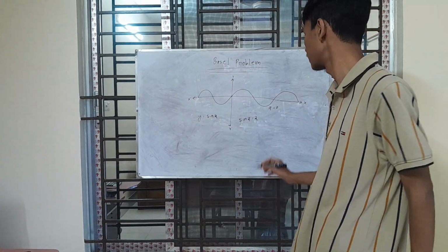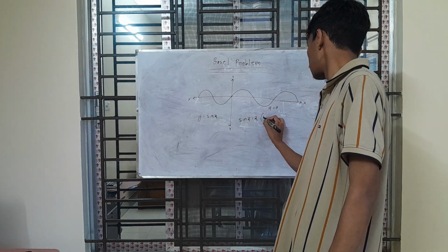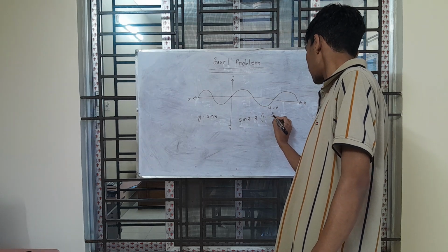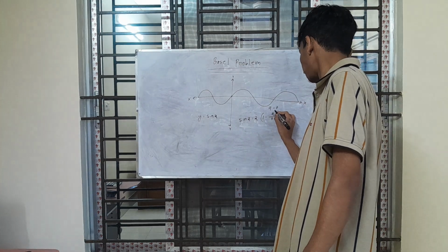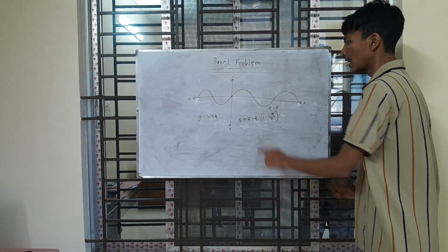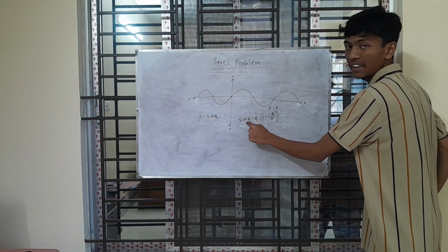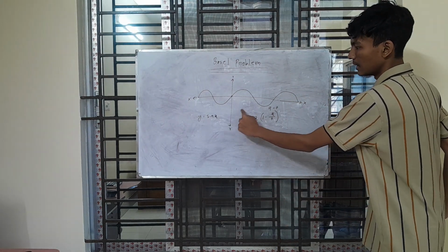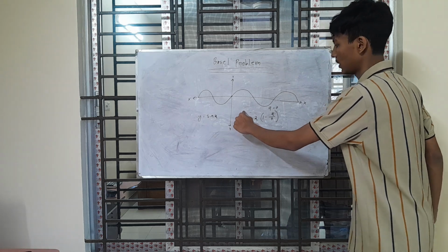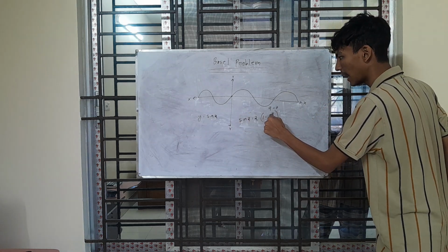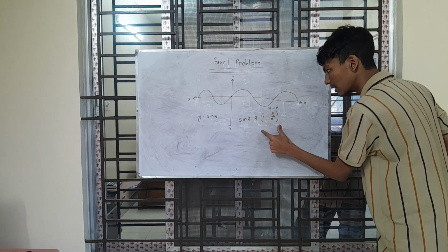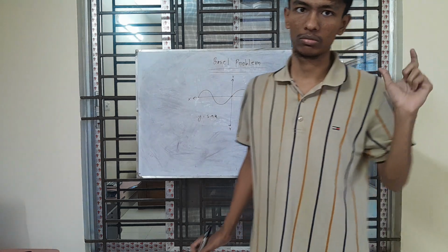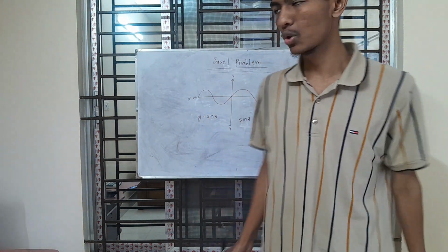So what is it? We have to multiply it by 1 minus x by pi. If we put pi in it, this portion is 0. And when we put pi in here, this portion is also 0. So we are good to go.